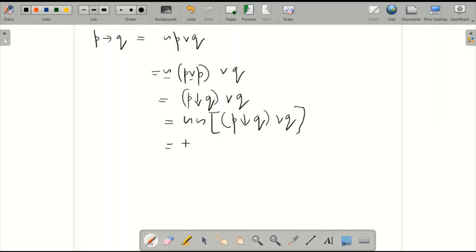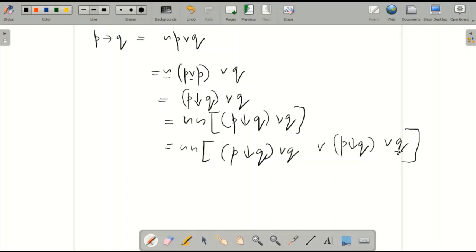We'll just place this term again twice, P conditional Q or Q or Q, and or again Q. I'll tell why I did that.